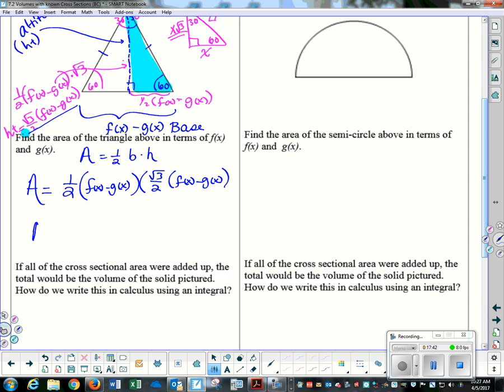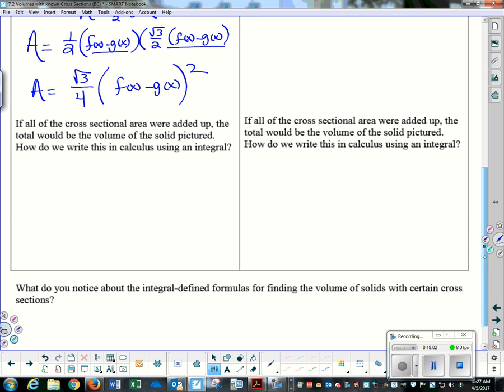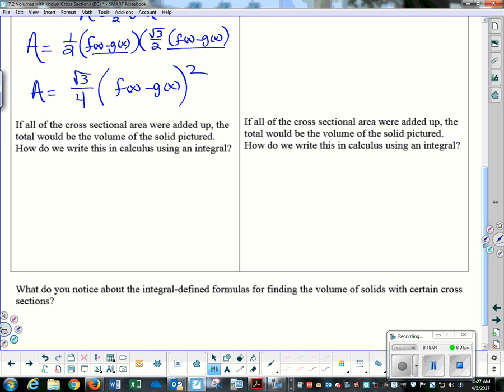Ooh, simplify before I go down below on calculating volume. We could bring our two multipliers together, so we'd get root 3 over 4. And then I notice I have f of x minus g of x quantity squared. Didn't we have quantity squared on those others? That's interesting.